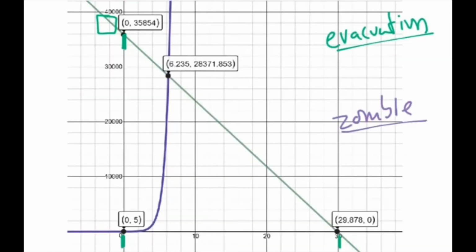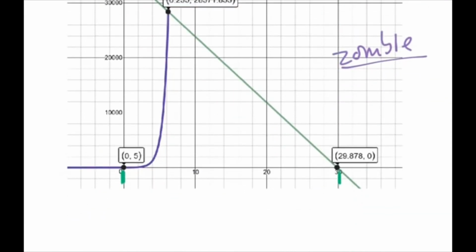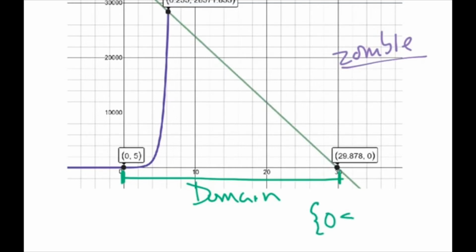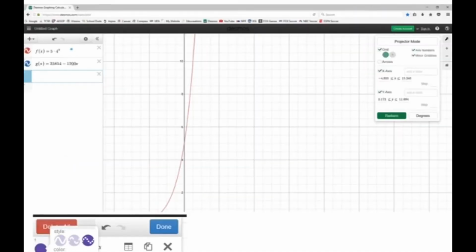Now going back here, okay, so beyond that we have nobody in there. So this would be our domain for our problem. We can actually go into Desmos, and you can use brackets right after your equation, and you could go 0 is less than or equal to x is less than or equal to 30, basically. And you could type that in right there, and then it would cut it off just at those pieces.